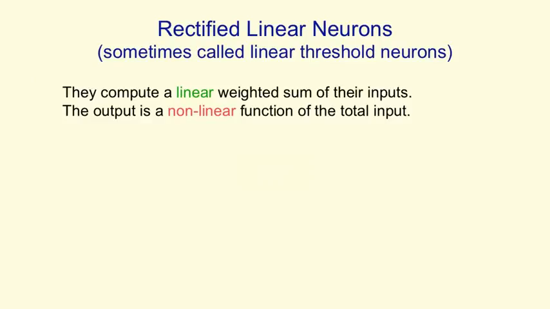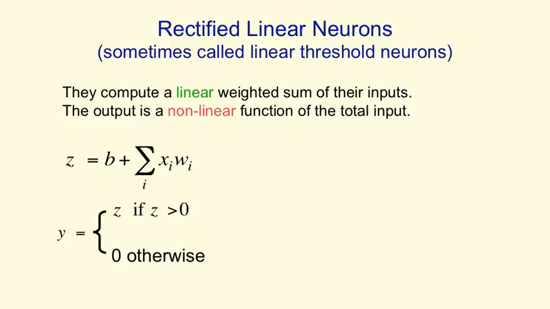A kind of neuron that combines the properties of both linear neurons and binary threshold neurons is a rectified linear neuron. It first computes a linear weighted sum of its inputs, but then it gives an output that's a non-linear function of this weighted sum. So we compute z in the same way as before. If z is below 0, we give an output of 0.